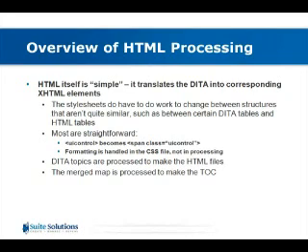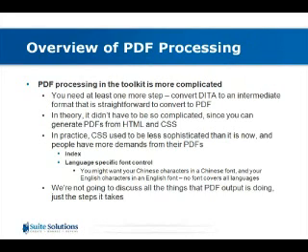Okay, so we'll move on to PDF. PDF processing is more complicated. It has more steps than HTML. We'll discuss the steps that PDF takes after we've done all of this pre-processing. We still have several more steps to produce PDF.